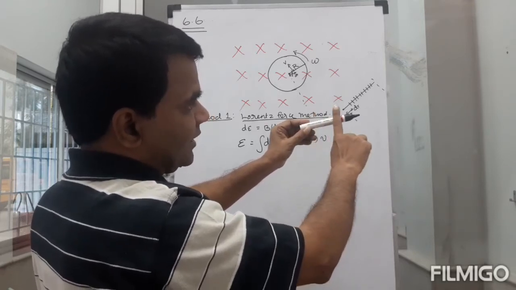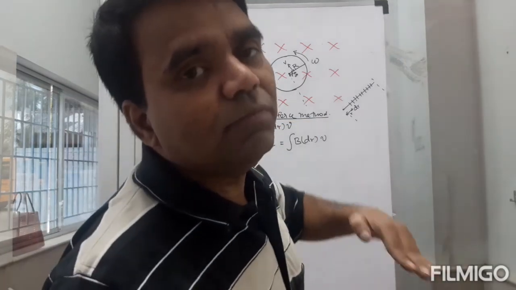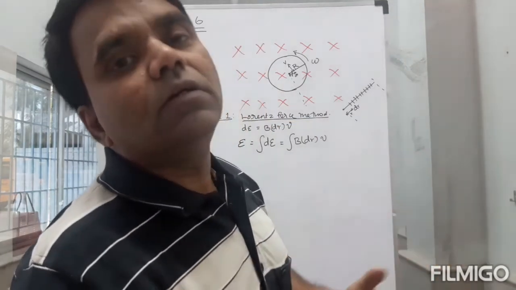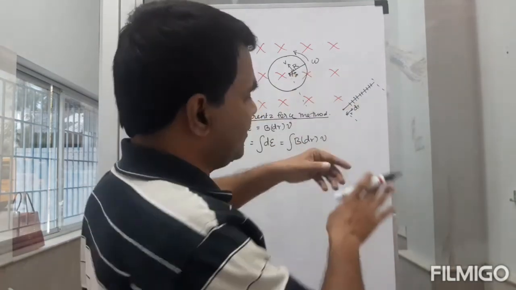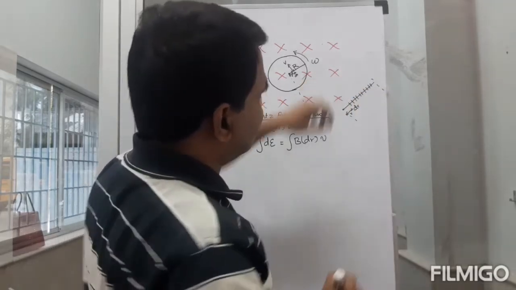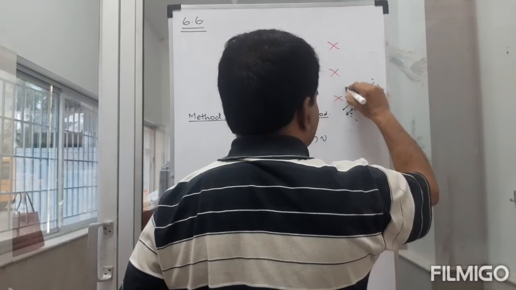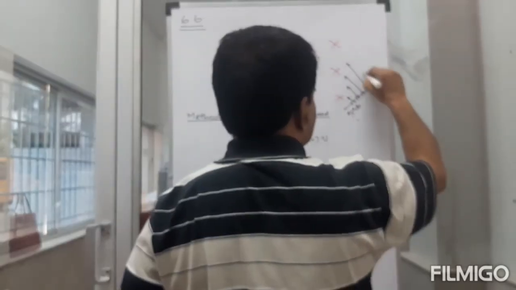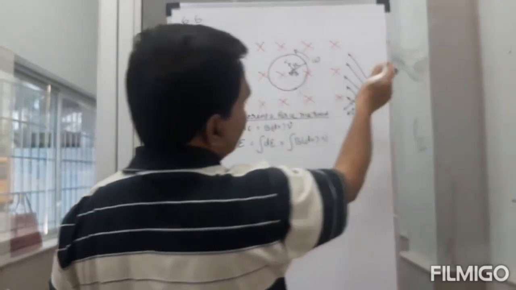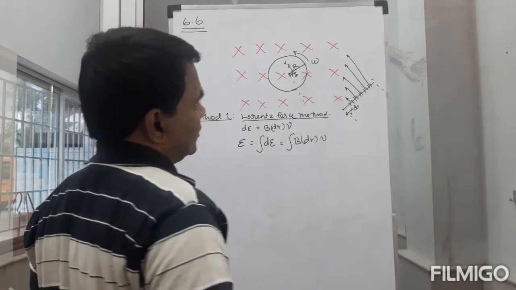This will have one speed, this will have another speed, but all of them will have the same angular speed. So the angular velocity omega would be the same for all the pieces, but their linear velocities will be different. All of these will have different speeds even though they have the same angular velocity.